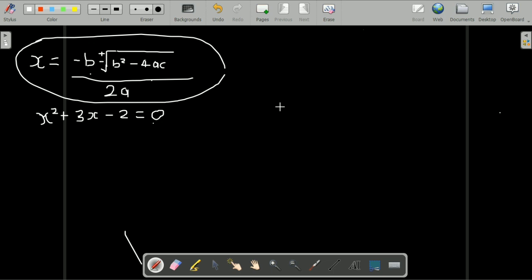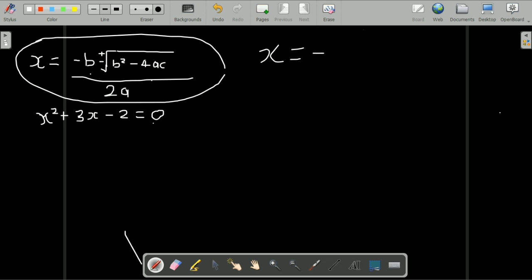Okay, let's go. So we rewrite that whole quadratic formula while substituting everything that is supposed to be in there. So x is equal to minus b.